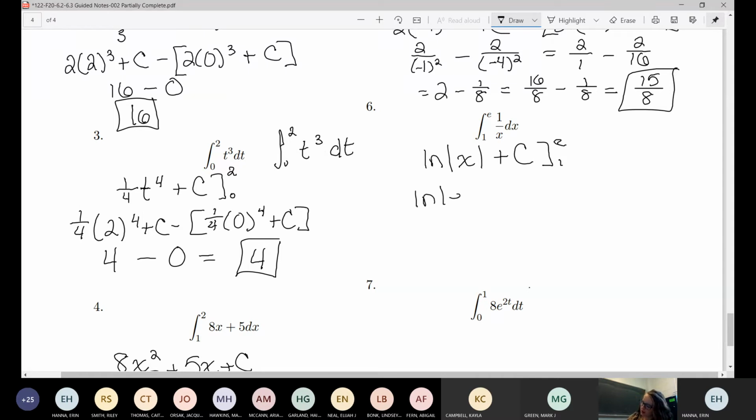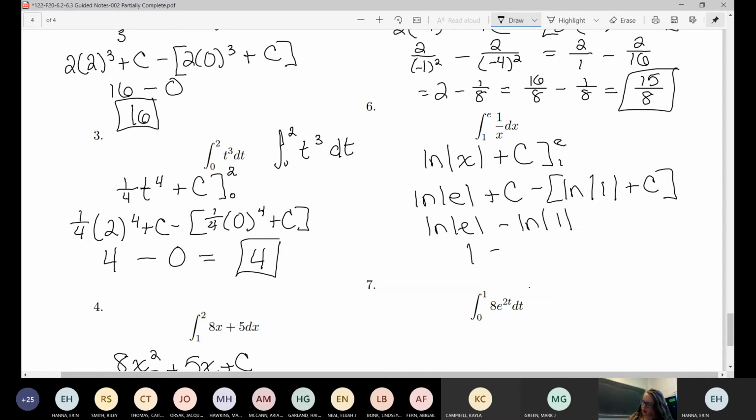So we plug in e, plug in 1, whoops, absolute values. The c's will cancel each other out. We'll essentially get natural log of e minus natural log of 1. Natural log of e is 1. Natural log of 1 is 0. So we just get 1.